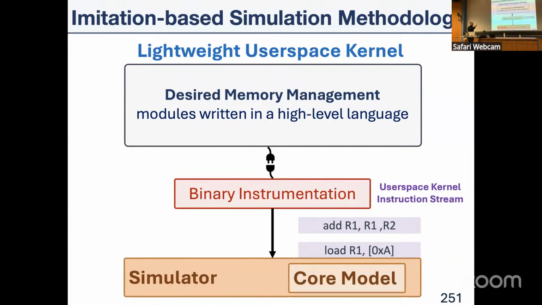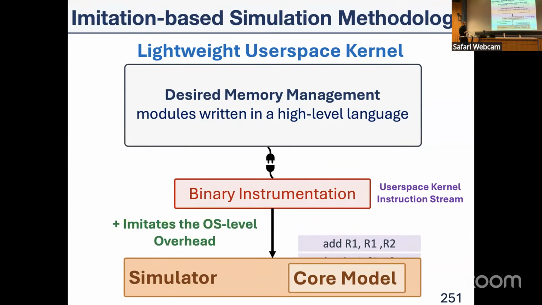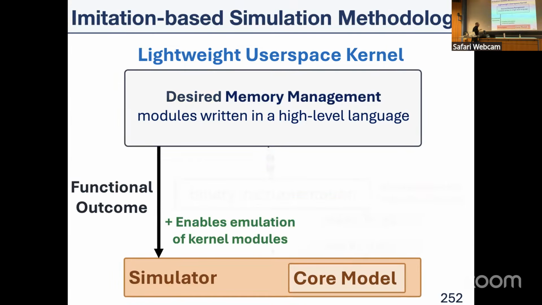I stream these instructions, and this imitates the operating system level overhead because I was able to simulate the instructions of the user space kernel. At the same time, I also retrieve the functional outcome of the desired policy. For example, do I allocate a 4 kilobyte or 2 megabyte page for this specific virtual page, for this specific fault? The lightweight user space kernel can also communicate this information to the simulator.